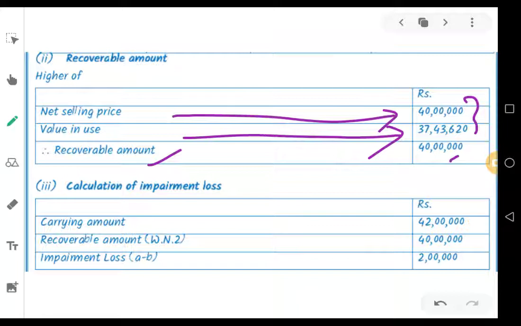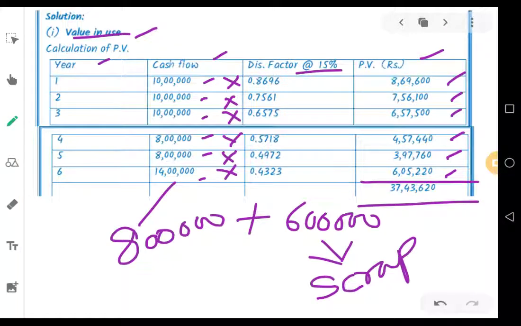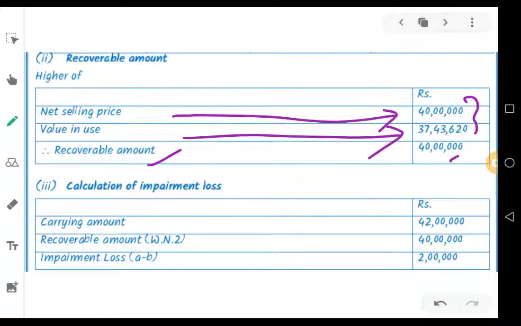But cost of disposal is not given in this question. Therefore, selling price itself will be the fair value. So, fair value is 40 lakhs and value in use just now we have calculated by using this table, that is 37,43,620. Therefore, out of these two amounts, whichever is higher, that is 40 lakhs, has become its recoverable amount.